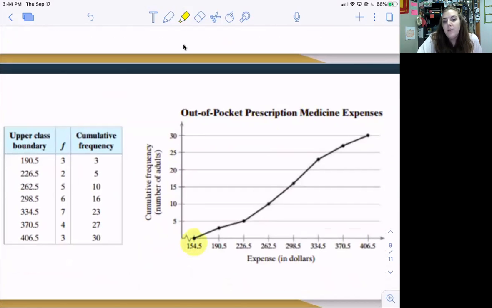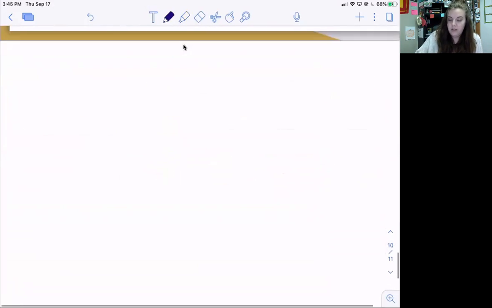Then we go up with our upper class boundaries and represent the cumulative frequency we get from our table. Remember, whenever you're looking at an ogive graph, this tells us our sample size, which is 30. And that is all.